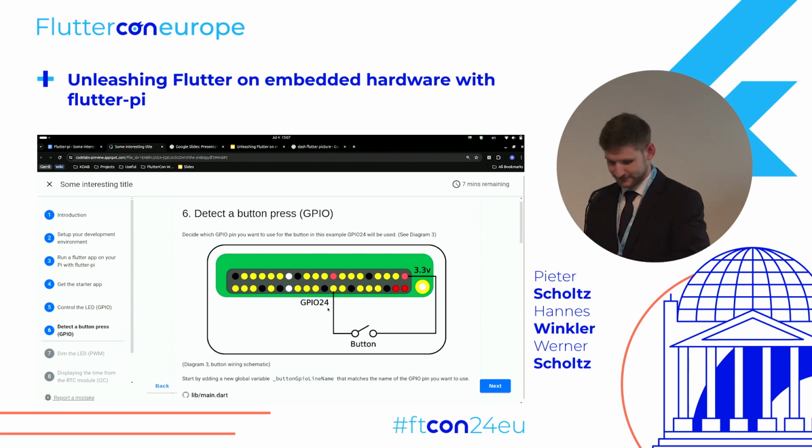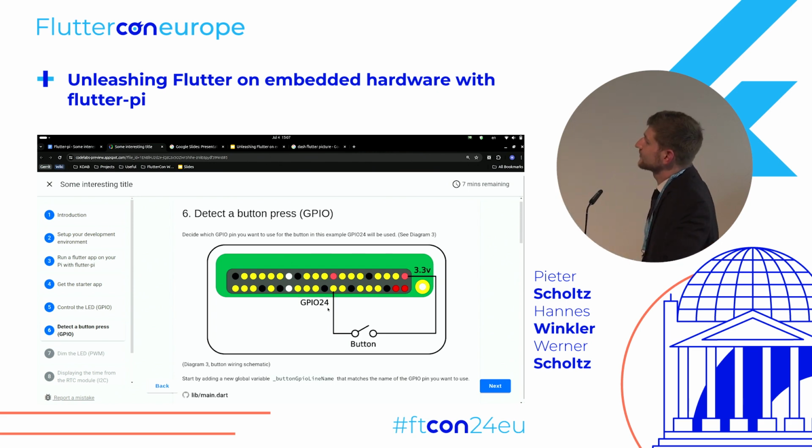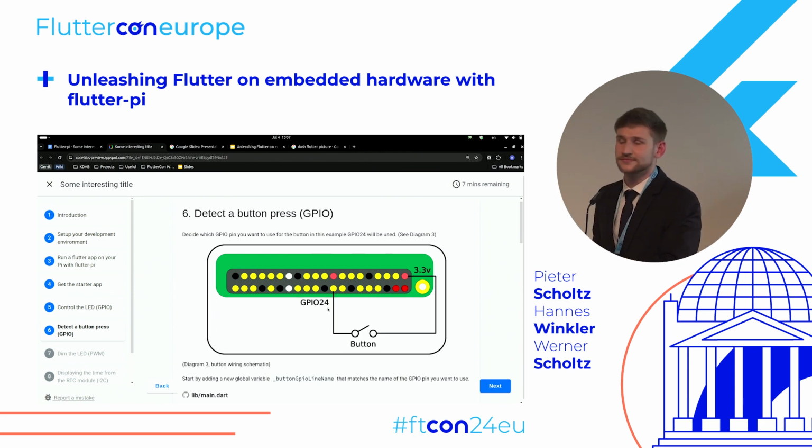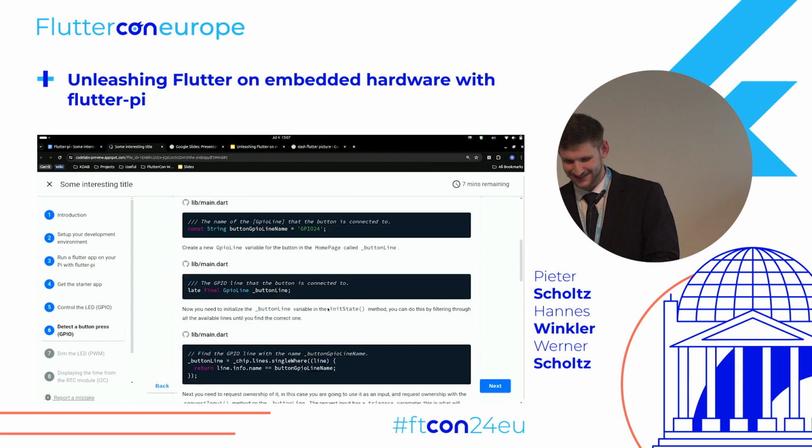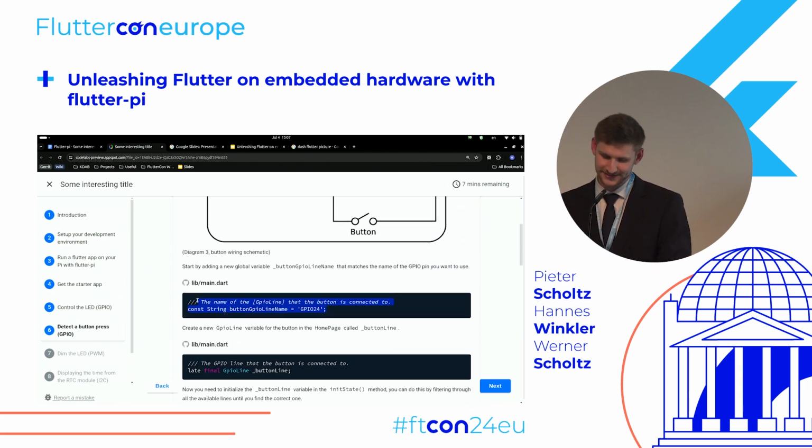Okay, so I just want to make sure I understand correctly. If that button closes, will we be able to detect the 3.3 volts at the GPIO number 24? Yes, basically. And then when it's open, it would be 0 volts, right? Yes. Okay. So again, just some copy and paste work to do.